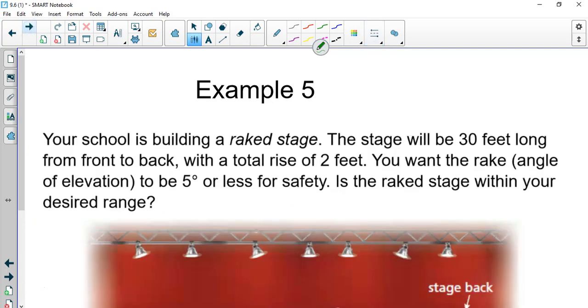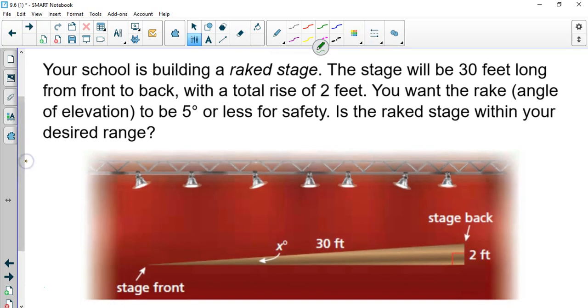And now our last example, real world. So we have this stage here. It'll be 30 feet long, so that's the upper part. The hypotenuse is 30. And the rise is 2. From this angle here, this is opposite, which means I need to use sine.